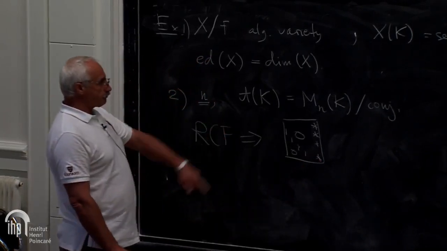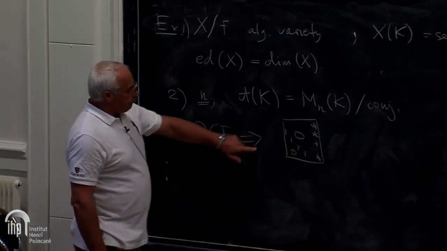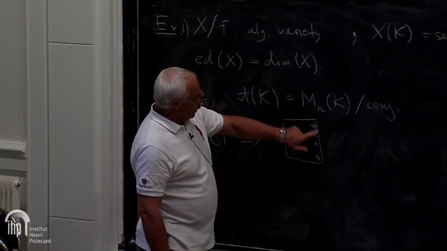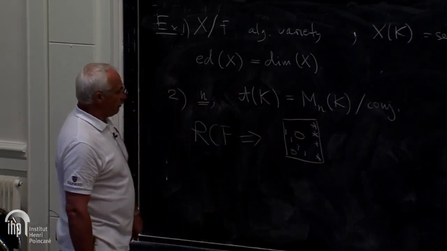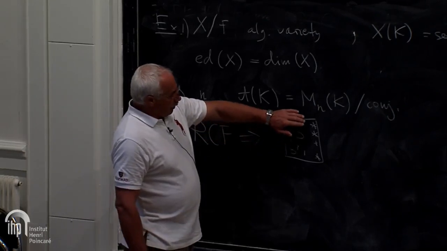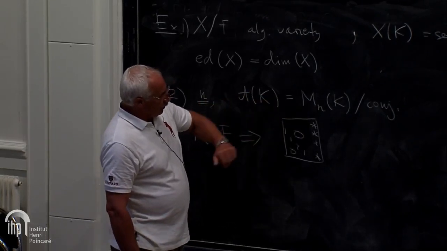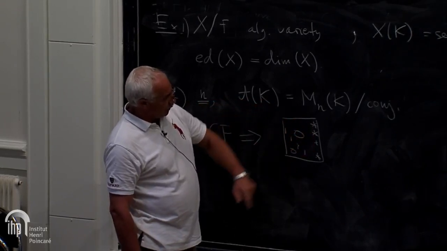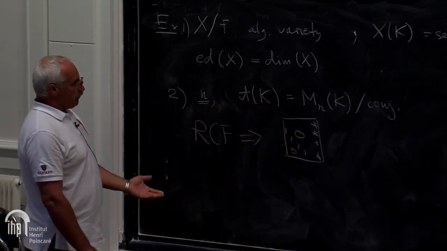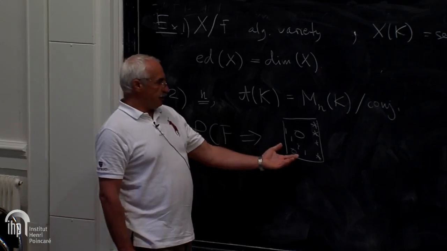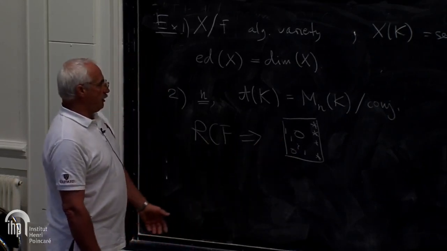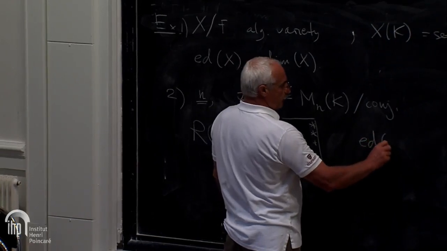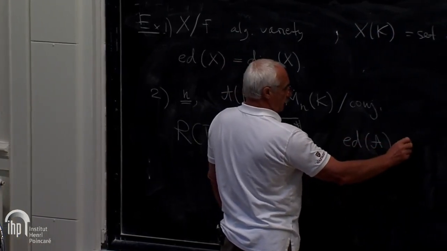The last column has exactly as many elements as the size of the matrix, and we see that this matrix is defined over a field generated by the entries of the last column. So the essential dimension of that matrix is at most the size of the matrix. So we see that the essential dimension of this functor is at most the number n.